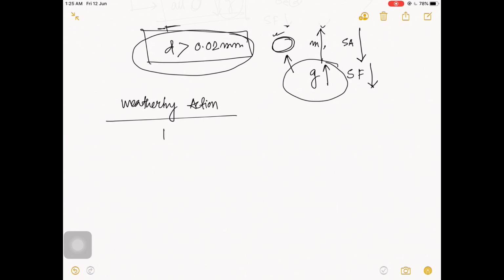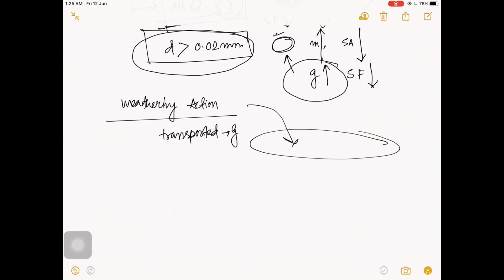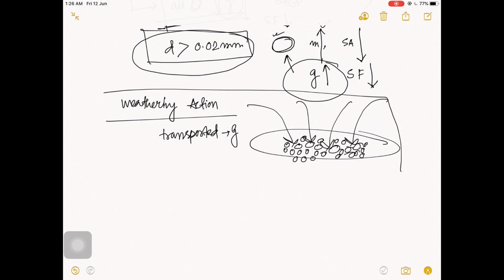Sometimes soil is transported by gravity. Suppose this is a place where soil settles down by gravity, and it takes time. Here the particles settle down gradually by gravity force, and a new type of soil is generated. But if you want to see it with your naked eye, that is not a proper example.